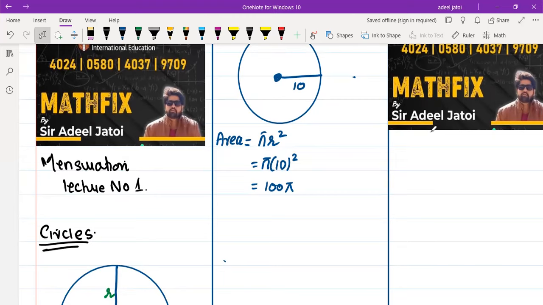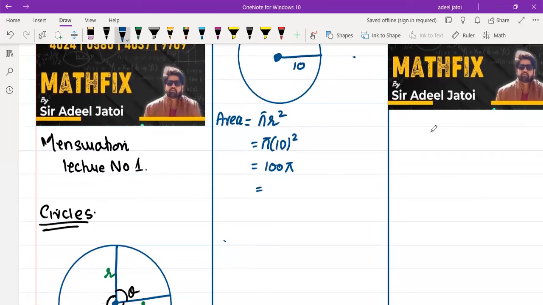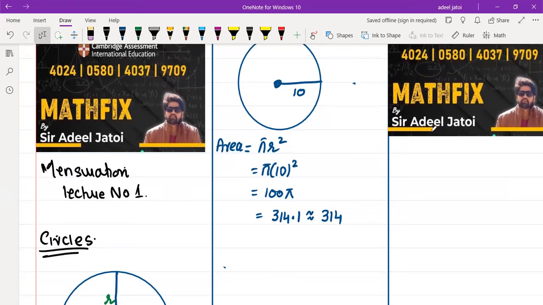That means 100 will be multiplied with pi, which is 314.1. If we leave it at 3 significant figures, this should be 314. That is for the general formula of area, pi r square.